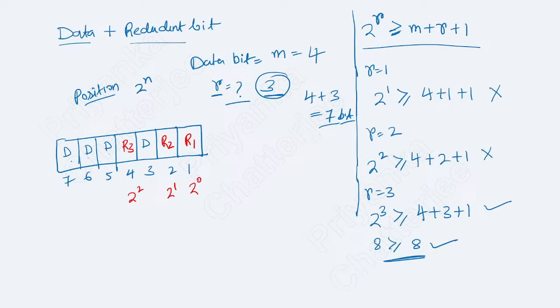Maybe if I take an example: the original message given is 11001110.